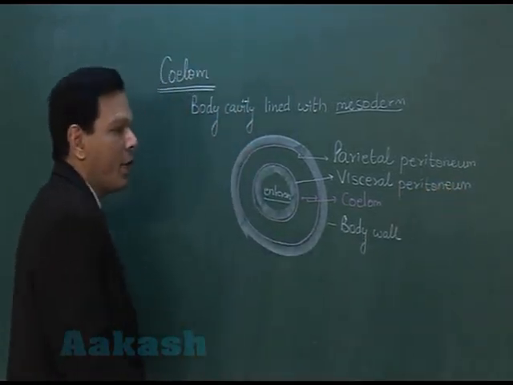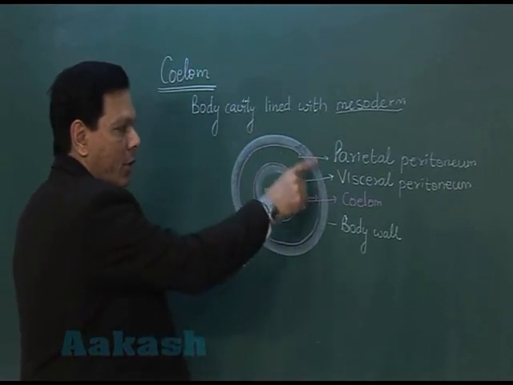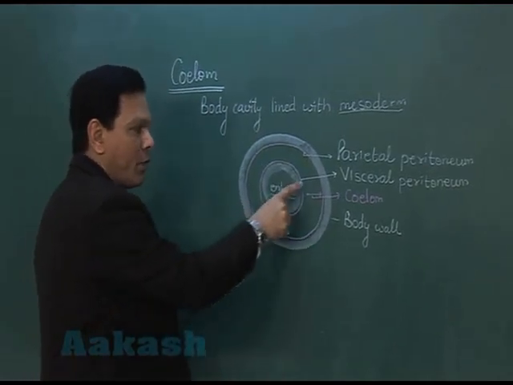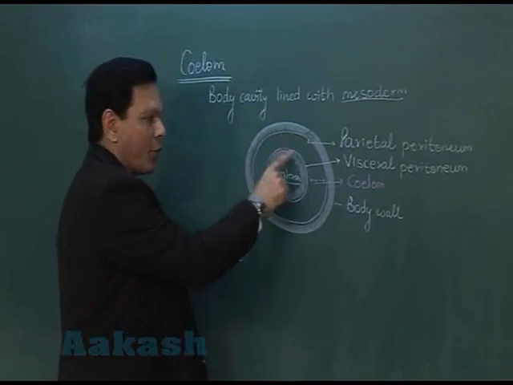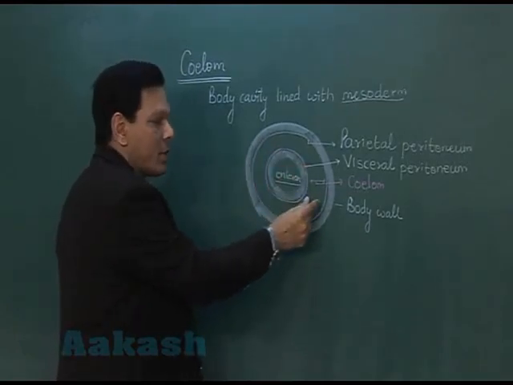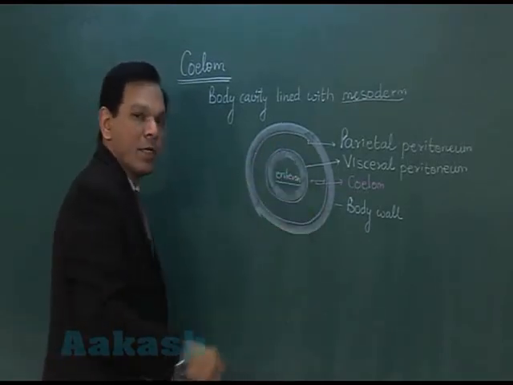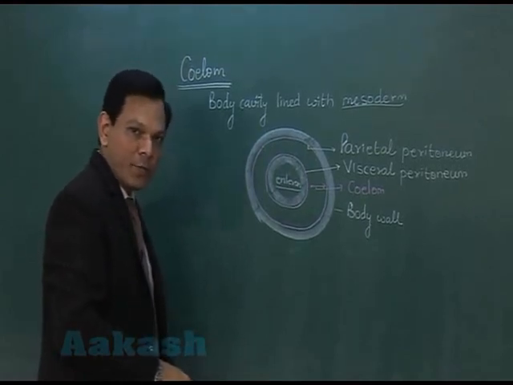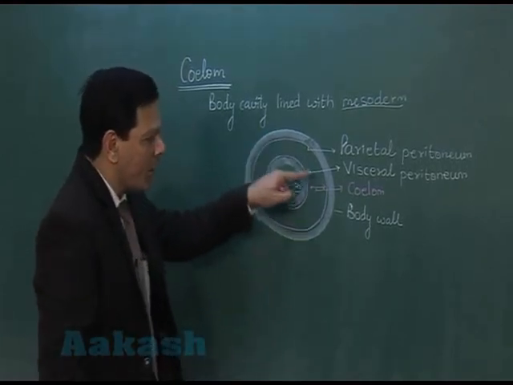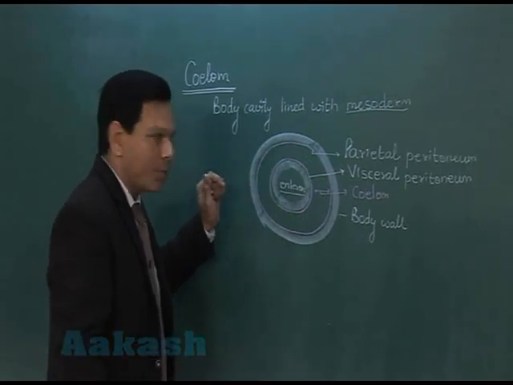So the parietal peritoneum is on the inner side of the body wall, and the visceral peritoneum is outer to the visceral organs. So this cavity will be termed as coelom. Clear? The coelom is a cavity lined with the mesoderm.